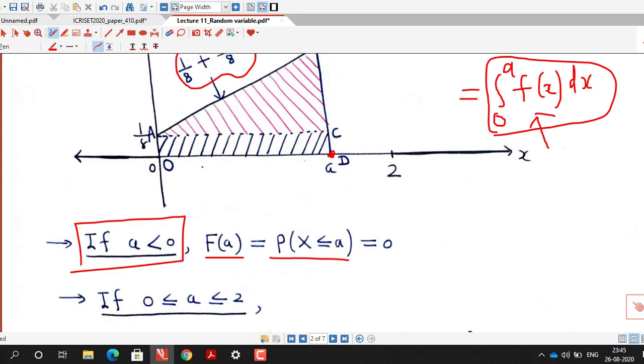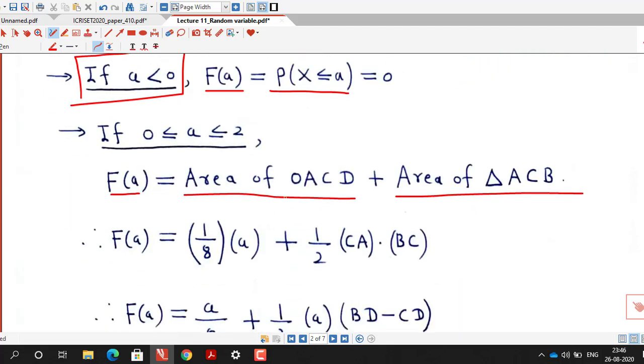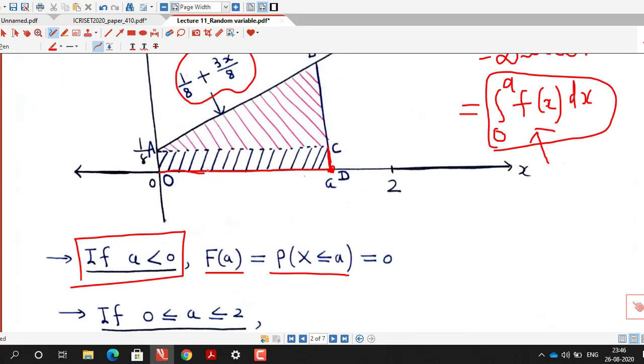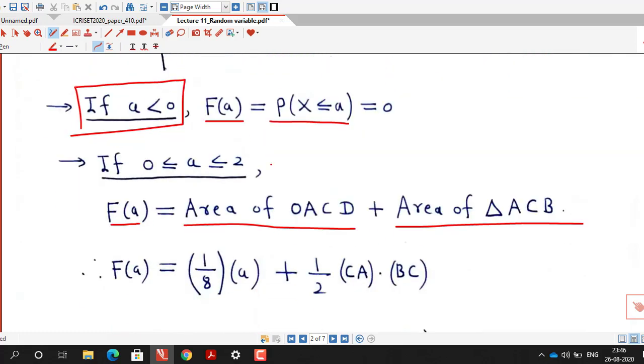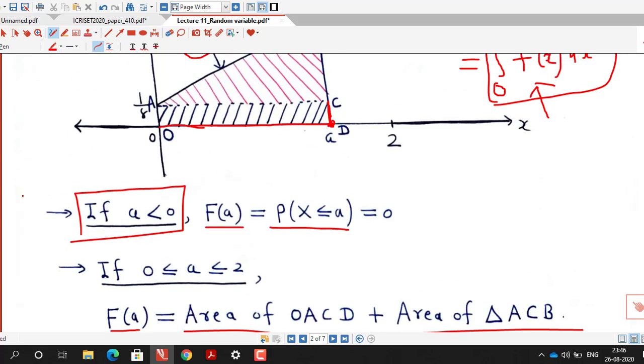The length of OD is a, and the length of CD is 1 by 8.